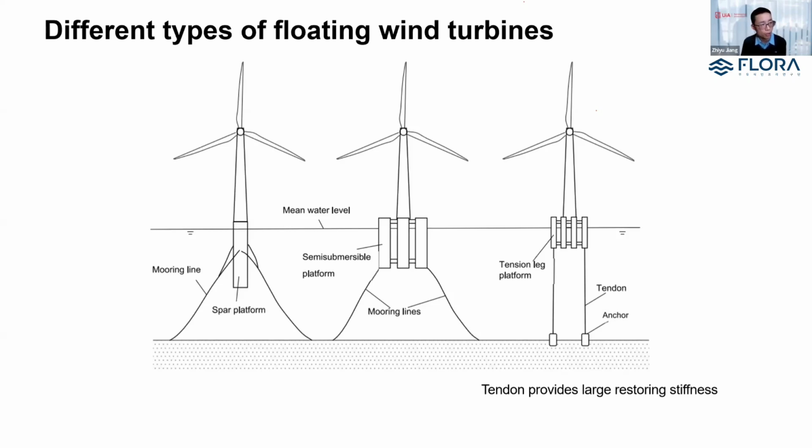On the other hand, there are also different designs of tension leg platforms. There are also inclined tendons. The tendons may not necessarily be vertical; they can also be inclined. The so-called tendon leg buoys were developed by the IFE Research Institute in Norway many years ago. So there are different designs for each type of platform.